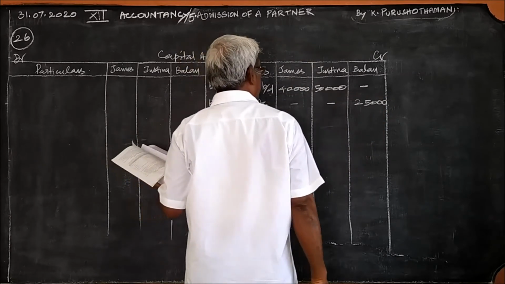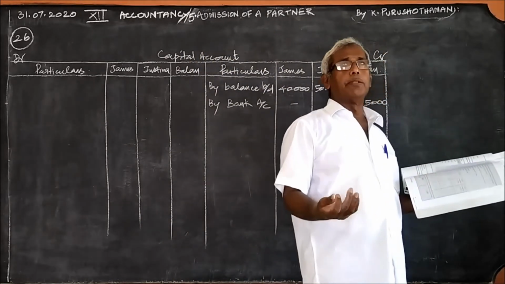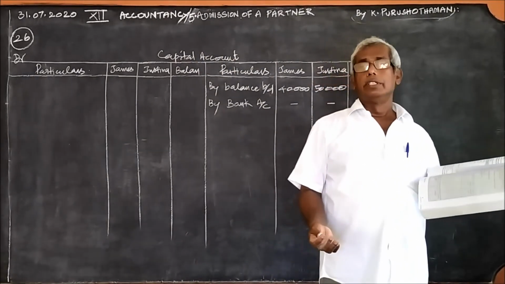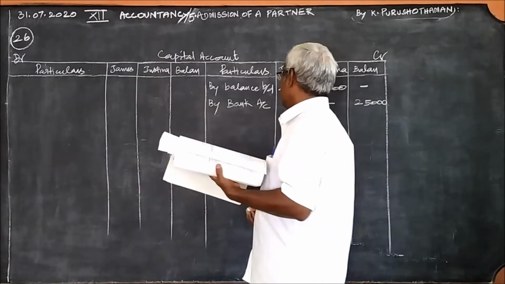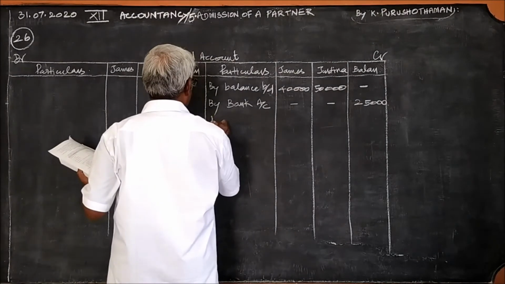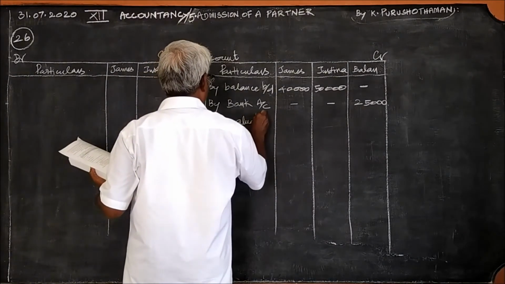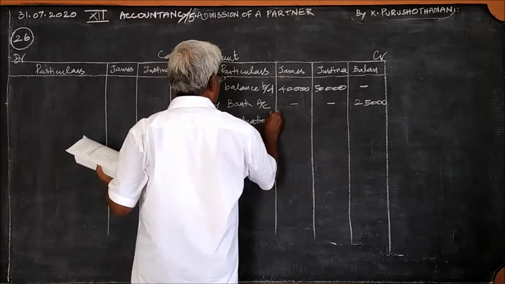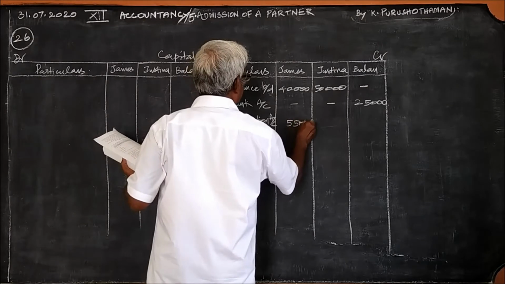Afterwards, you should consider the revaluation profit or loss. There is revaluation profit, we have seen already. So we should write by revaluation account $11,000, that is each 5,500.